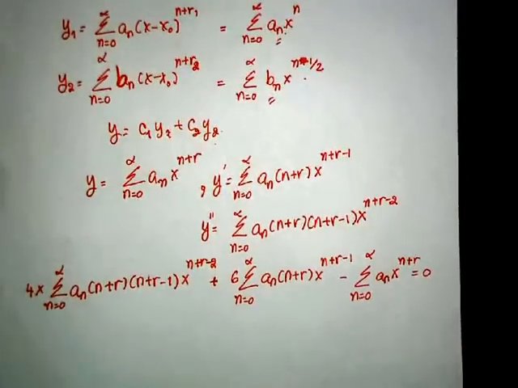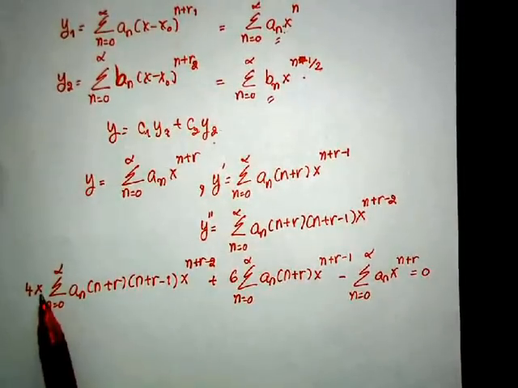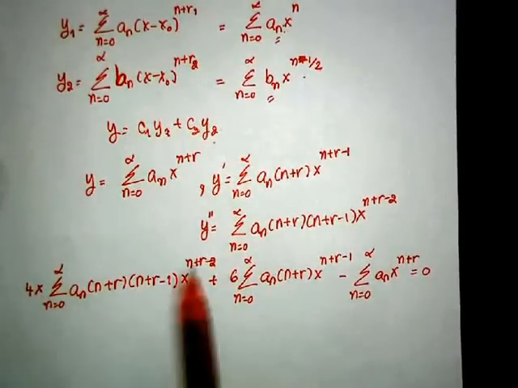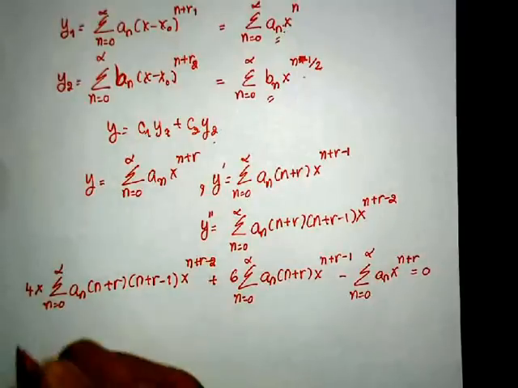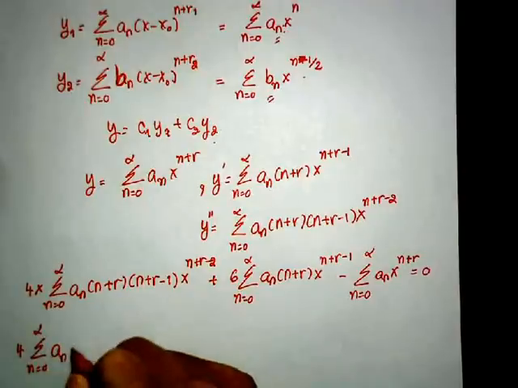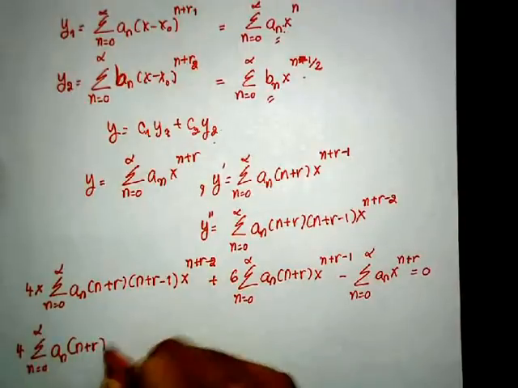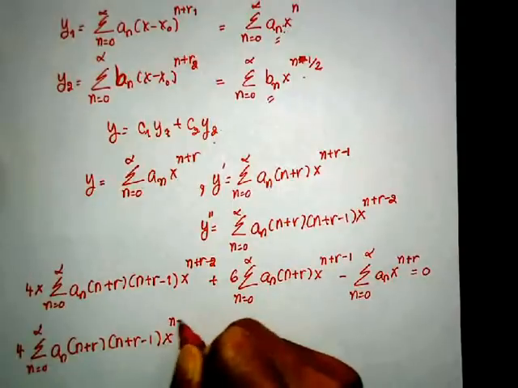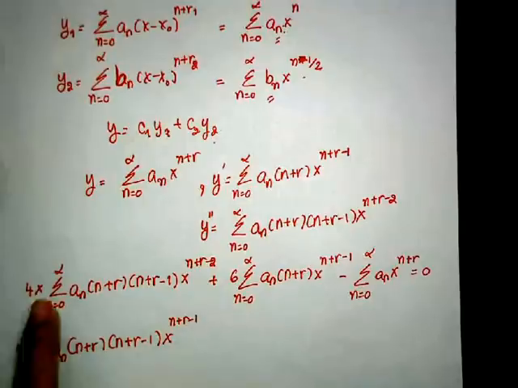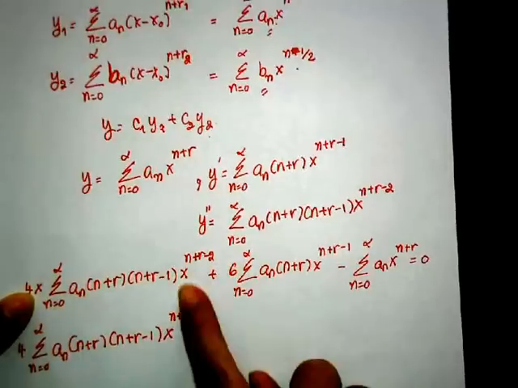Now, we have x here. We combine this x with the x to the power n plus r minus 2. We would get 4 an n plus r, n plus r minus 1, x to the power n plus r minus 1, right? Because we have x here. We combine this x with this x.